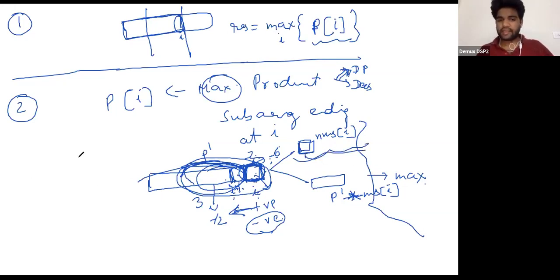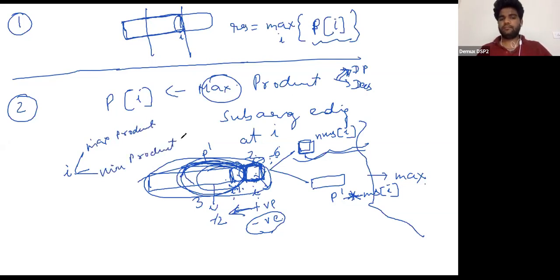So from here, I conclude that for a given I, I need two kinds of information. Till I minus 1, I need the maximum product and I also need the minimum product. So basically now I can store two values.